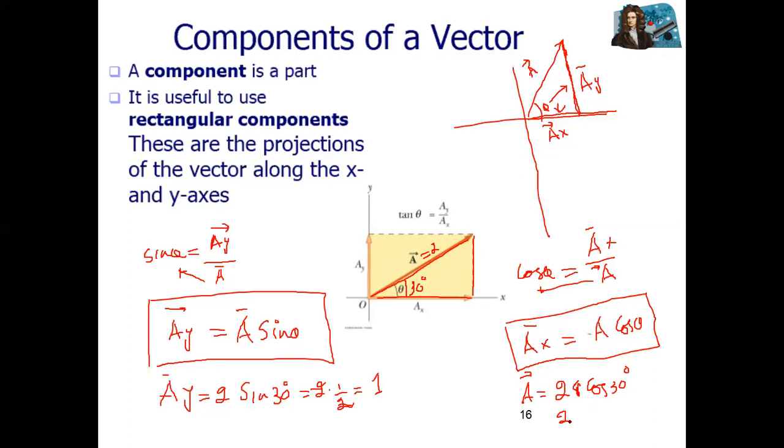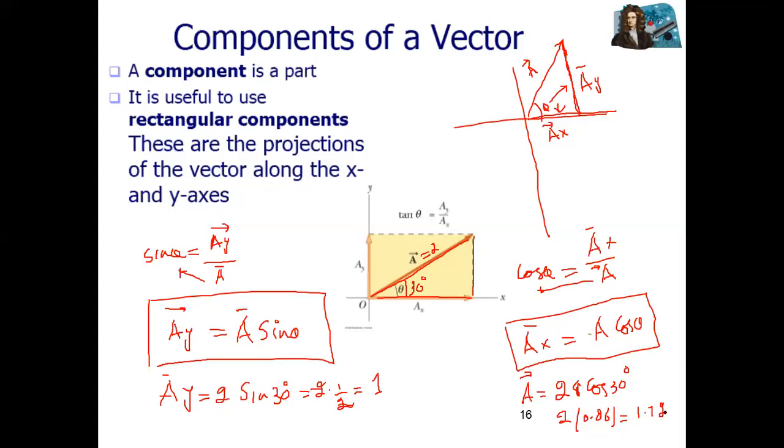Cosine 30 is square root of 3 over 2, which is 0.86. So you multiply 2 with 0.86, which equals 1.72. So the length is 1.72.